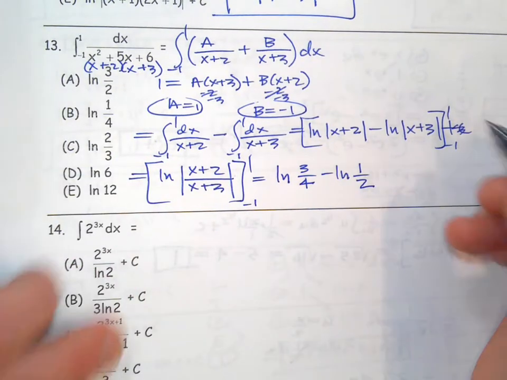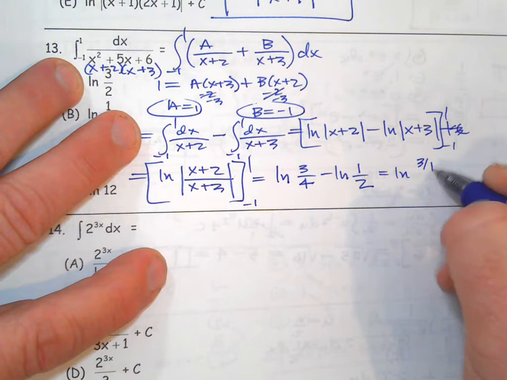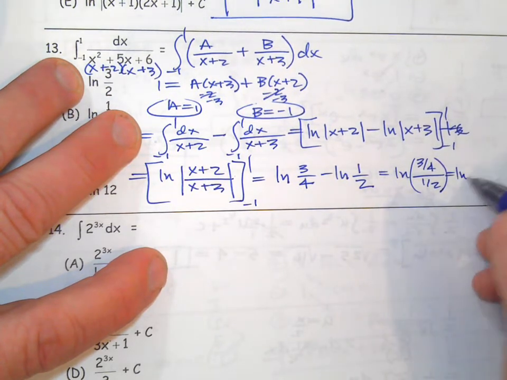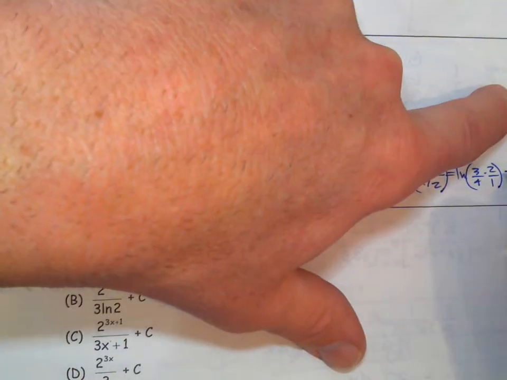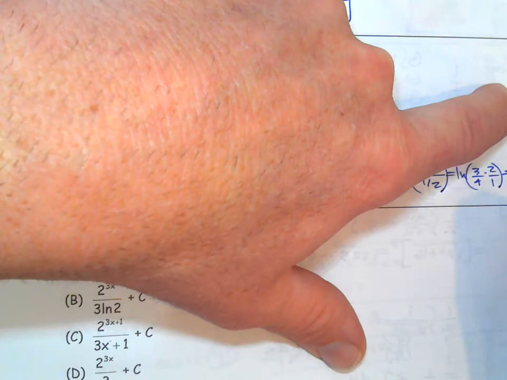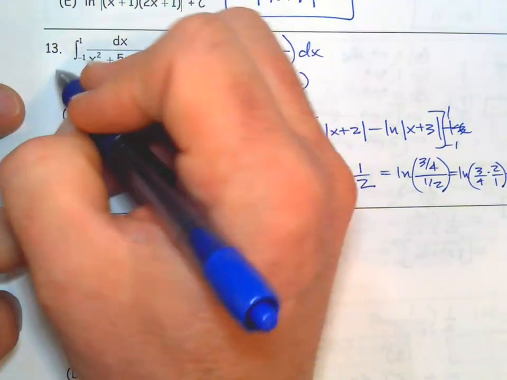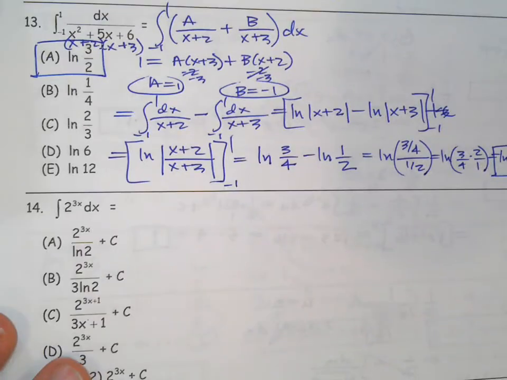I don't see that answer on there, so we probably got to use log rules. This is natural log of 3/4 divided by 1/2. Natural log of 3/4 times 2 over 1, which would be natural log of 3/2. Answer A. Just got to go with it.